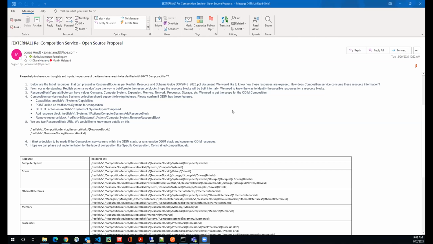If that's missing, then we should bring it up with John Leong and other folks driving the work in Redfish. Basically, the computer system type resource block representing a computer system has just a link to the computer system resource, Redfish v1 system/1 or whatever the ID. And there is no post action or anything to build the resource block. So our question is, do we need to internally build the resource block collection based on the other hardware resources?